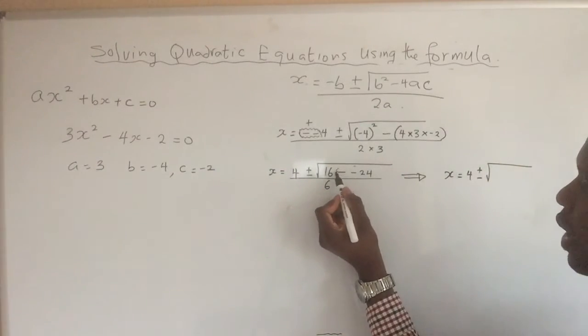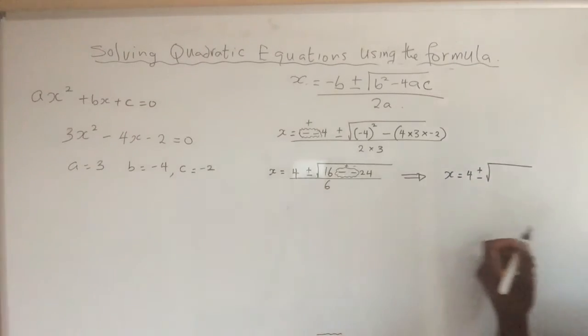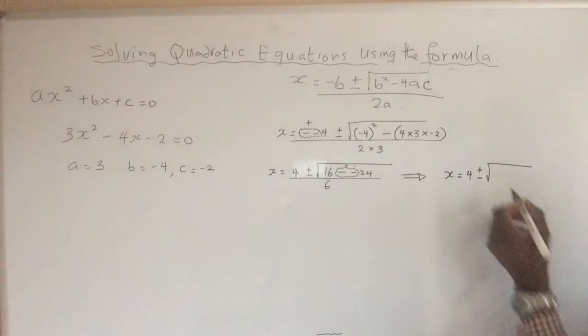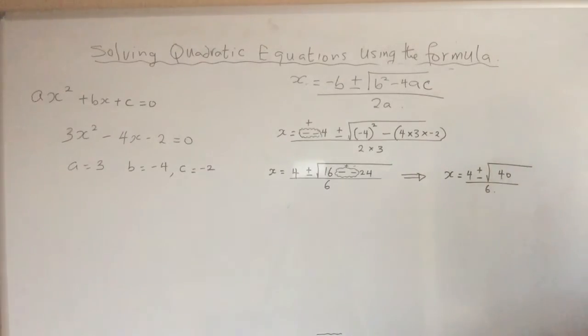Again, remember, negative and negative becomes a positive. So we have to add those two together to make 40, all divided by 6. The next job for you to do would be to find the square root of 40.